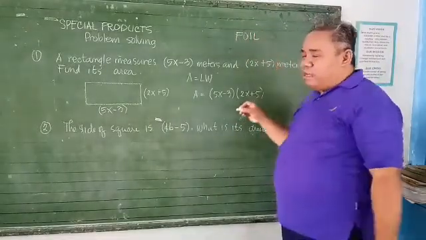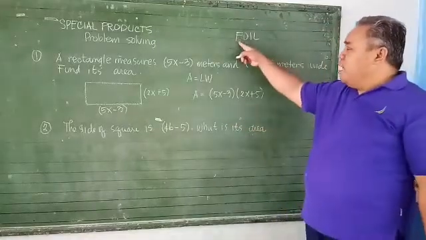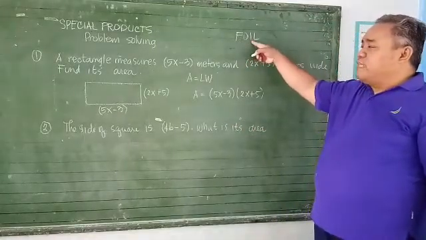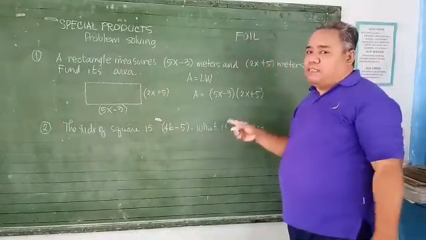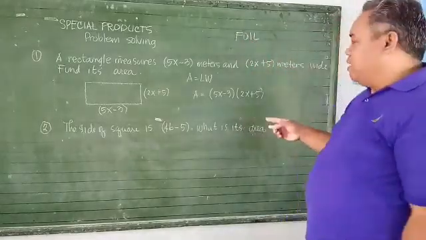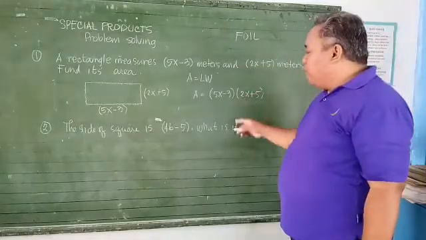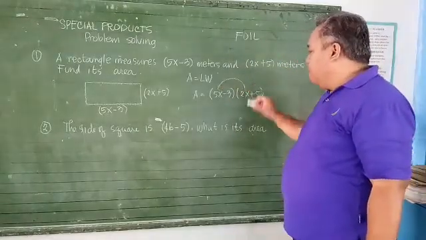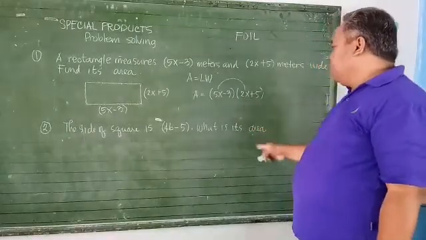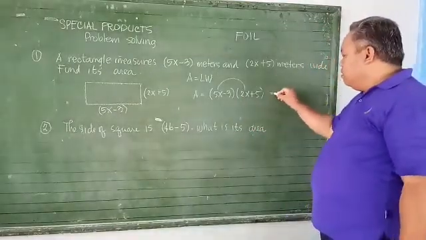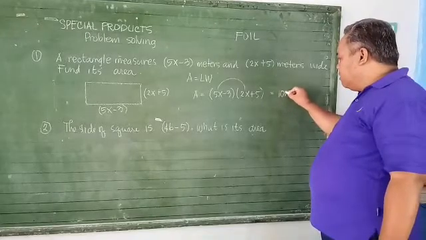The FOIL method stands for first term, outer term, inner terms, and the last term. But the outer and the inner terms somehow are added para maging trinomial siya. So let us do this using the FOIL method. So first term muna. First term times first term, that's 5x times 2x, and it will give you 10x squared.